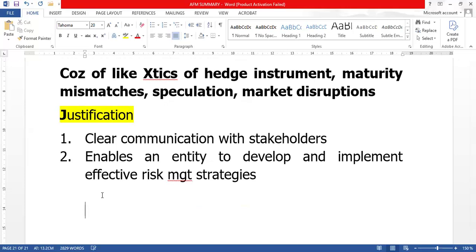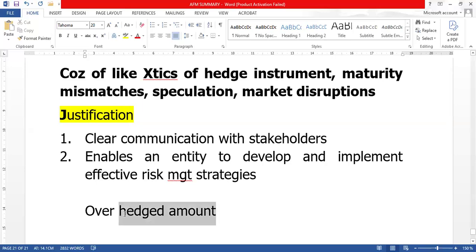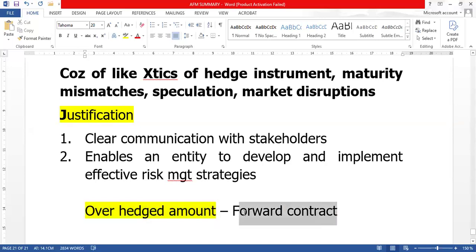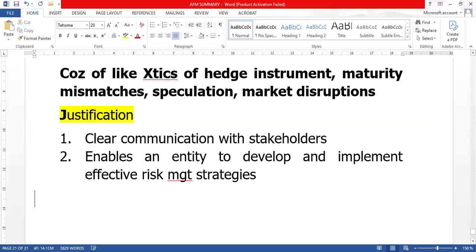How are you going to handle the overhedged amount? Now you develop the risk management strategy. For example, you may say that to work on this overhedged amount, we may also need a forward contract that can help us mitigate this risk. So those are the things that you need to know.